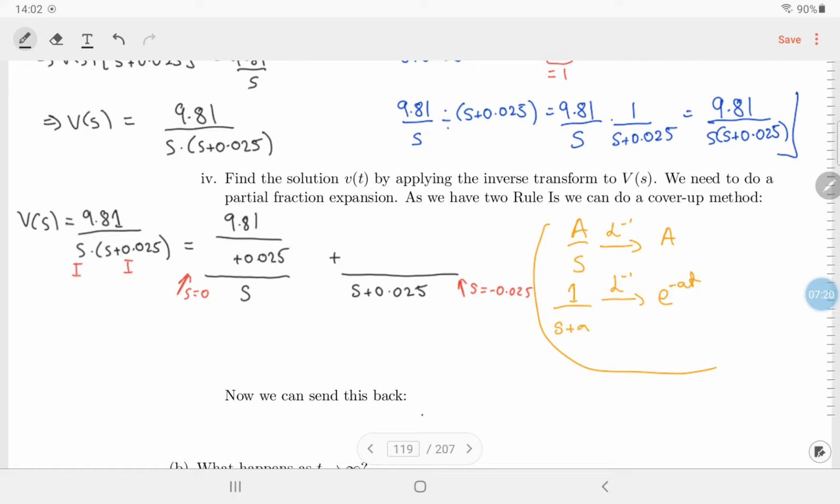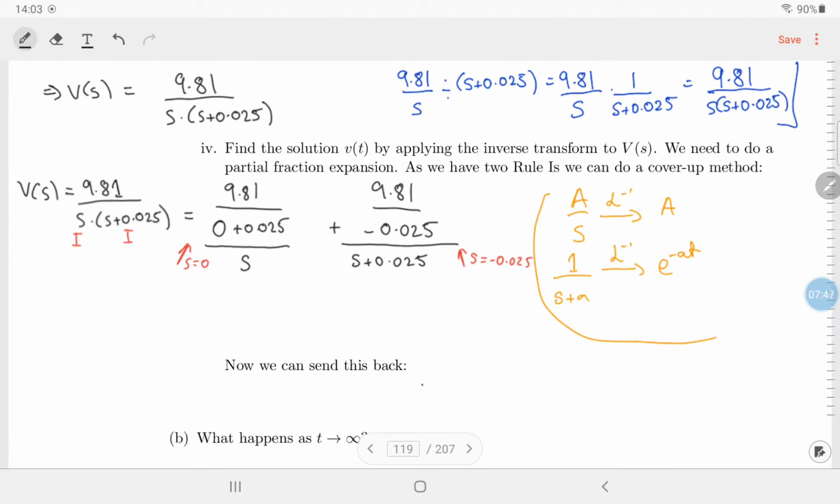And you substitute in s equal to 0 into that. Then for the other term, you cover up this one, and what are you left with? 9.81 over s. So you get 9.81 over s, and you substitute in the value of s that makes the bottom 0. So there's an s at the bottom, substitute in minus 0.025.